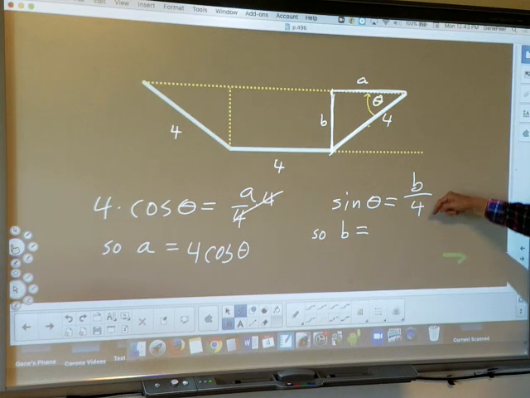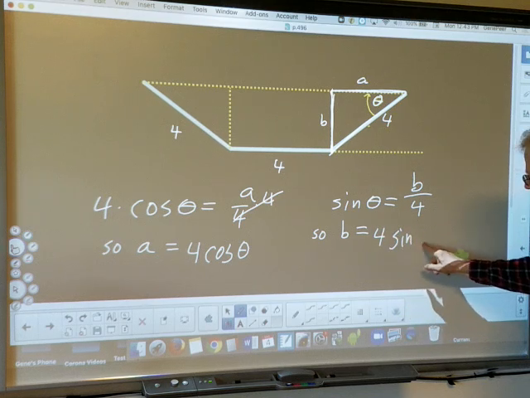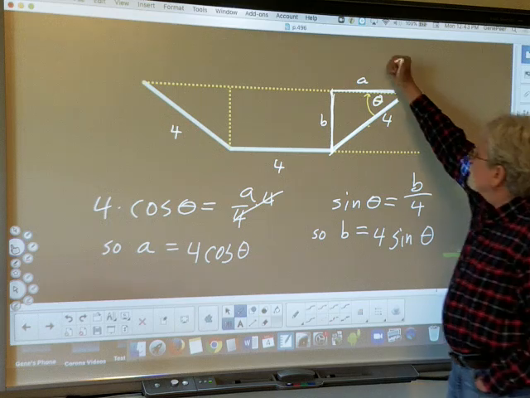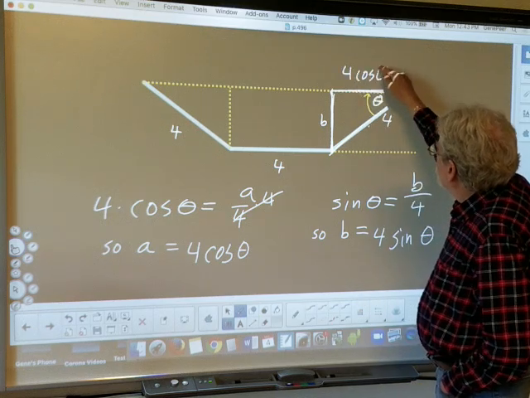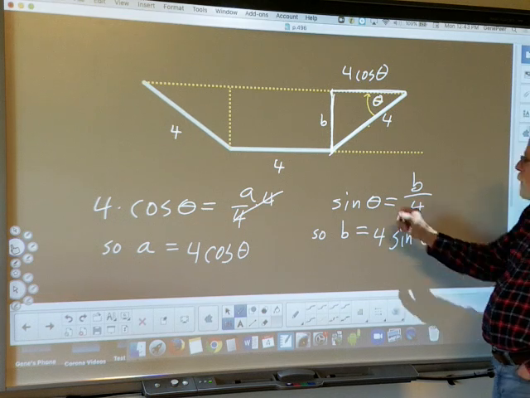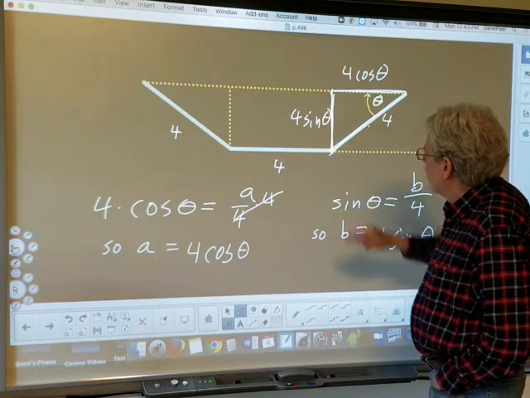Multiplied by 4, b is going to be 4 sine of theta. So we now know what a is. A is 4 cosine of whatever theta is going to be. And b is 4 sine of whatever theta is going to be.